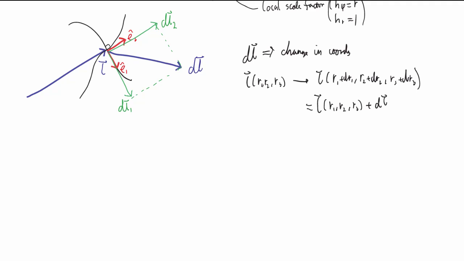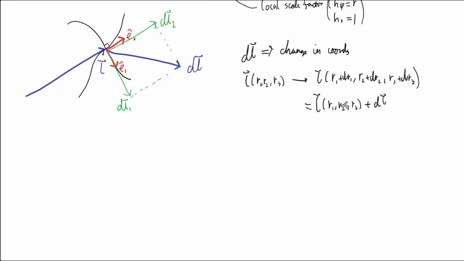dL at R1 plus the dL at R2 plus the dL at R3 equals the original dL. This relationship suggests that you can rewrite the dL as follows, using just a chain rule.